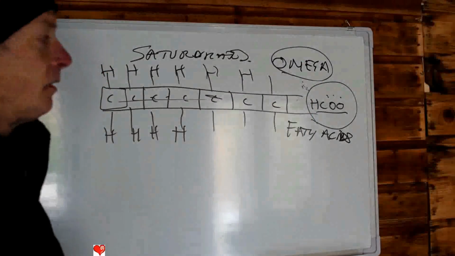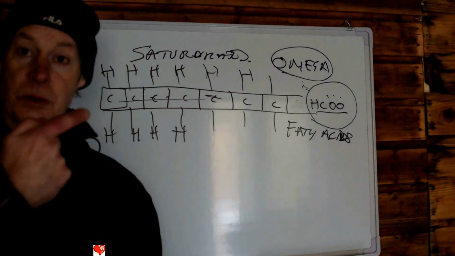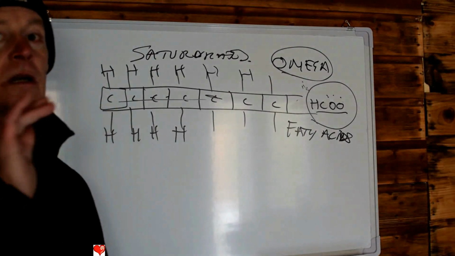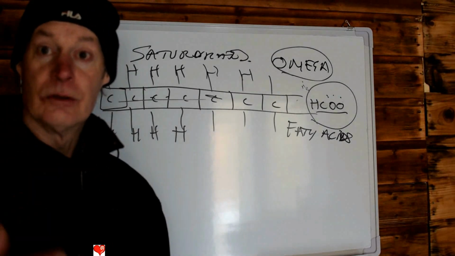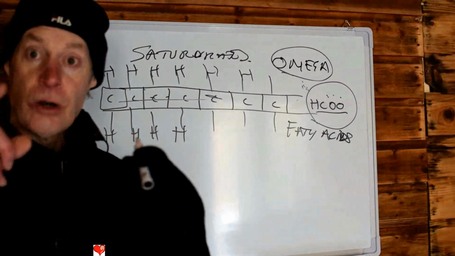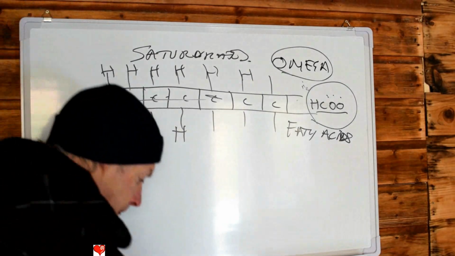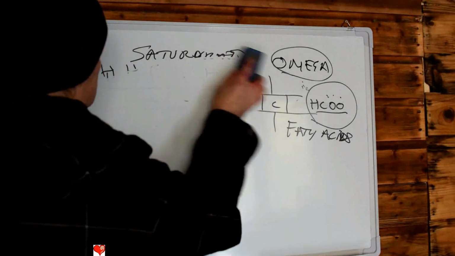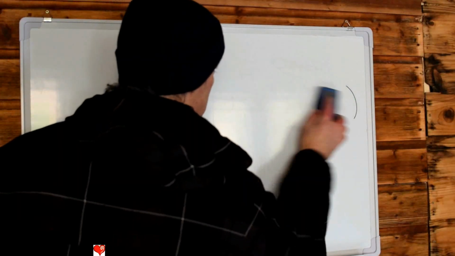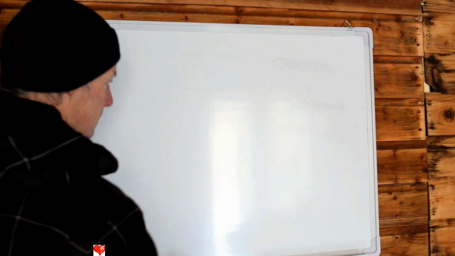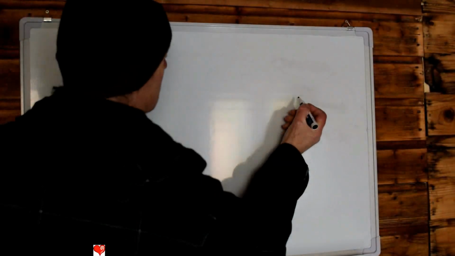What's the difference between saturated fat, saturated with hydrogens, and an omega-3 or an omega-6, the so-called super healthy fats? Let's have a look. We have the same makeup again.